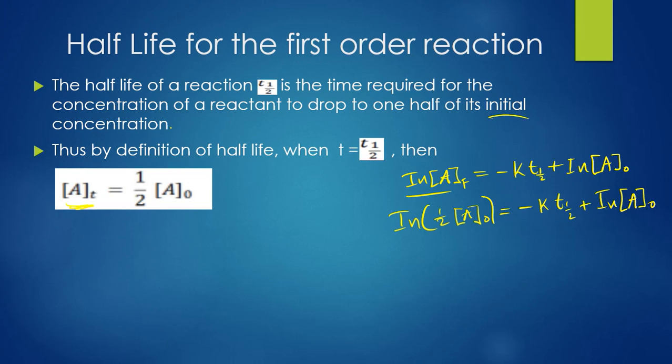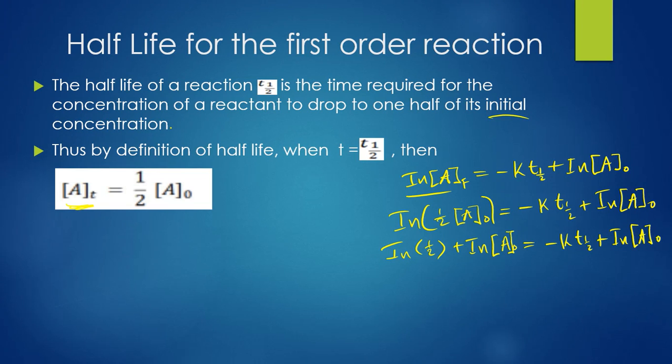I'm multiplying the initial concentration by 1/2 because I'm trying to come up with the half-life of the initial concentration. So ln of 1/2 times the initial concentration can be written as ln of 1/2 plus ln of the initial concentration, and this is equal to the same expression copied here.